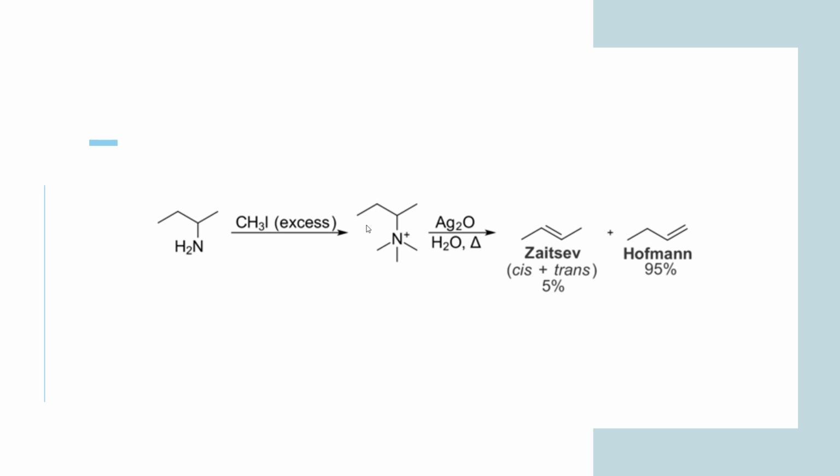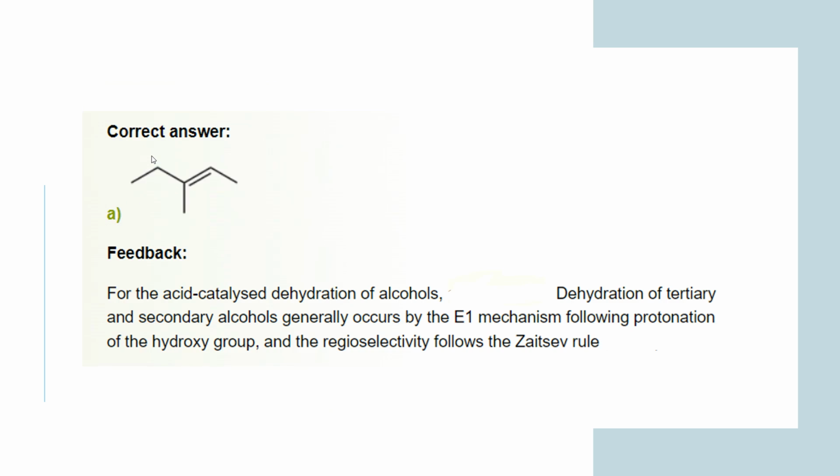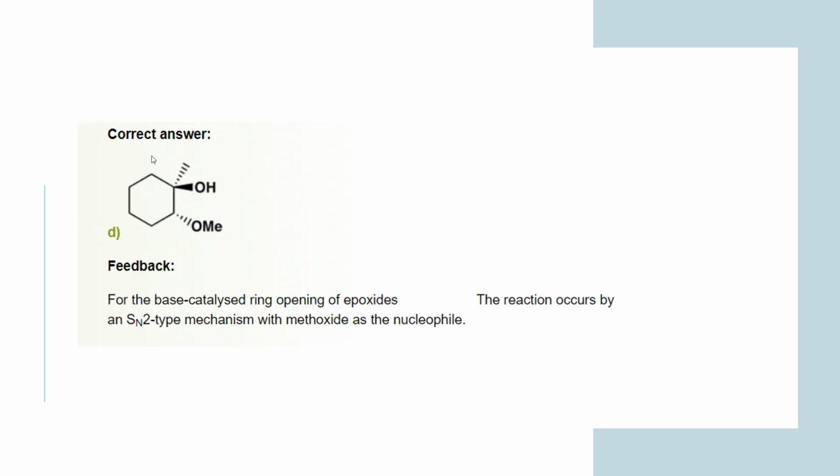Okay, and after this question, we saw a question where we identified the correct product after treating this substrate under acidic dehydration conditions, and we saw the formation of the most substituted Saytzeff product. Then again we saw this base catalyzed epoxide opening reaction, and the methoxide was undergoing attack from below the screen, and we got option B as the correct answer.